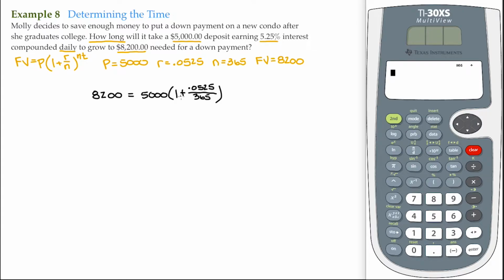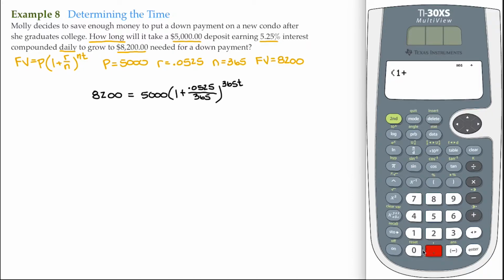How often will this affect our principal throughout the year? Well, that's 365 times throughout the year. What's the length of the loan? Well, that's what we're trying to find, T. How long must she have it in an account? So maybe the first thing we'll do is figure out what this is right here. We'll just type it into our calculator as you see it.